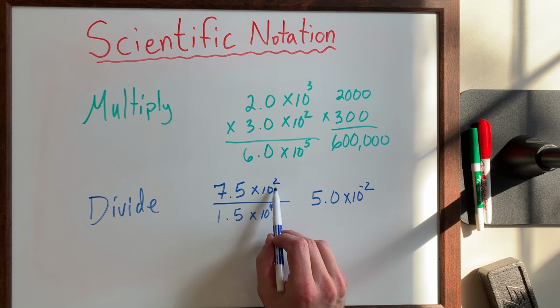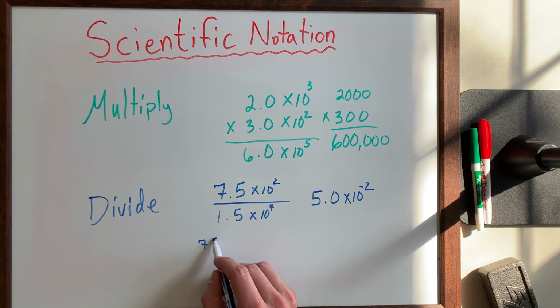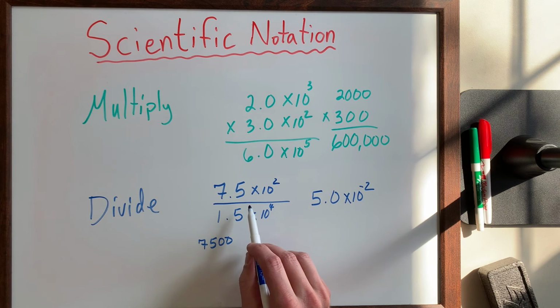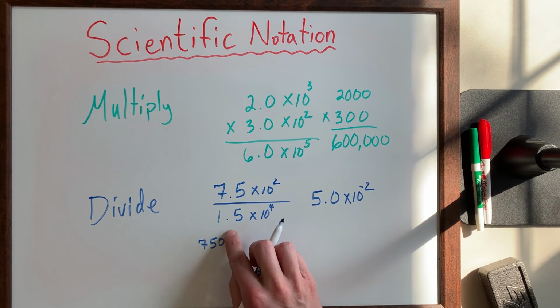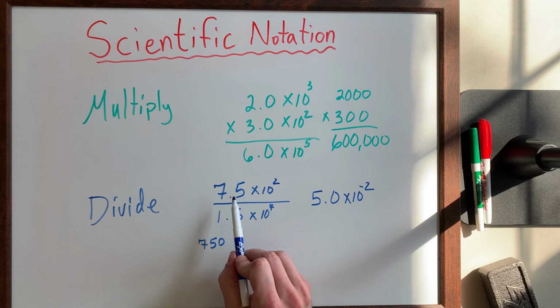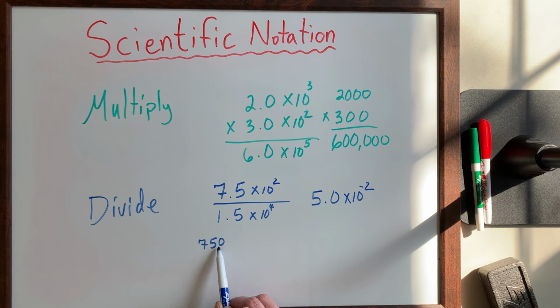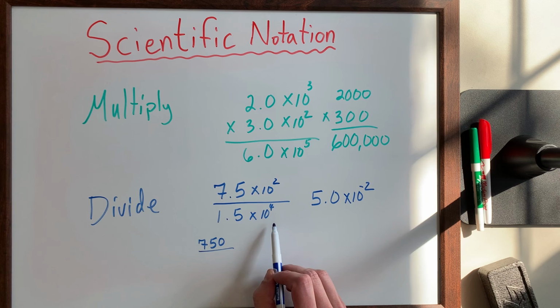7.5 times 10 to the 2nd is really 7,500. Nope, I did that wrong. It's 750. Why? Because from 7.5, if I go 1, 2, so 750, and I'm going to divide by 1.5 times 10 to the 4th.